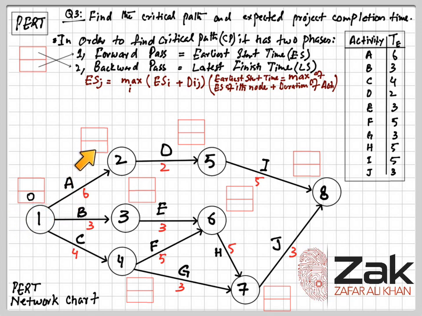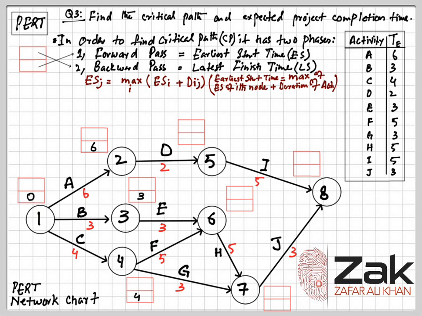So for the earliest start time at node 2 would be 6 plus 0, that is 6. And then for activity B, here at node 3 the earliest start time will be 3 plus 0. For activity C, the earliest start time would be 4 plus 0.